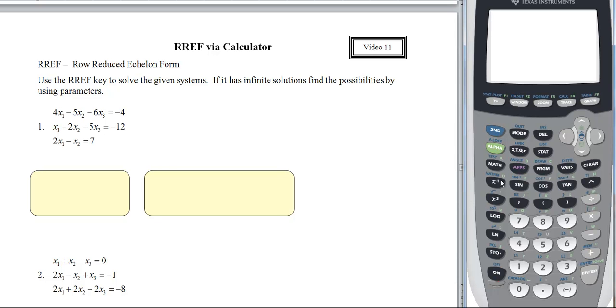So let me go access my matrix over to edit. And the first one is a 3 by 4. And let's type it in.